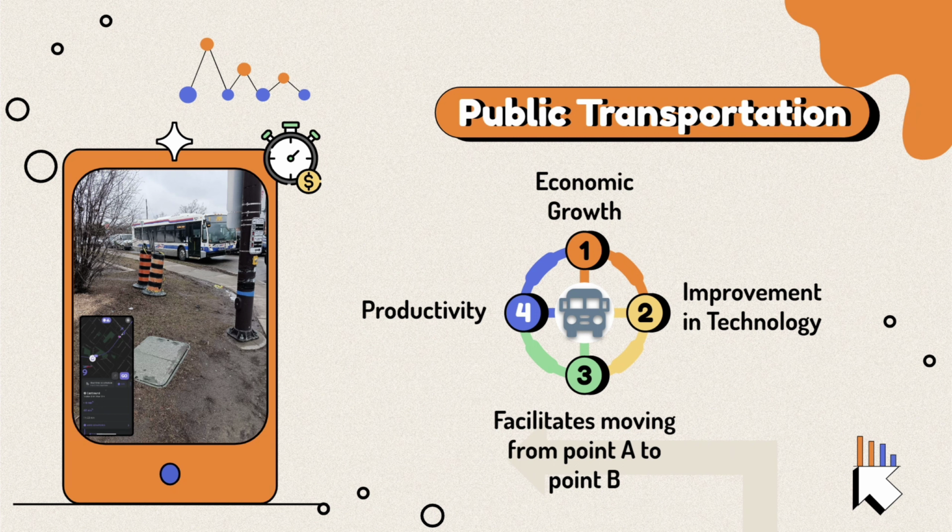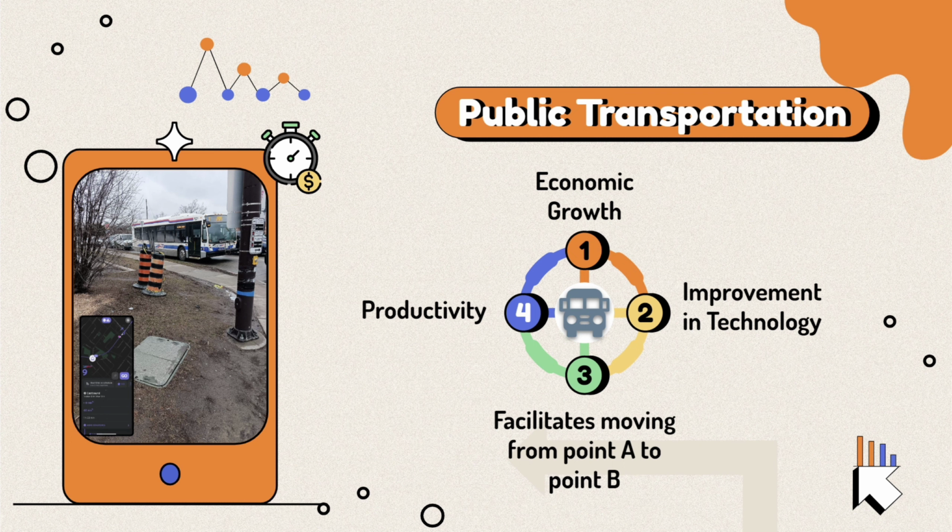This helps support economic growth as students are able to invest in their future by getting educated, and it supports laborers as it allows them to be productive. As a result, the productivity of the labor force will be unaffected, as they will not be late for their work. With technology like this, people can properly and precisely organize their schedules so that they can be as efficient as possible.